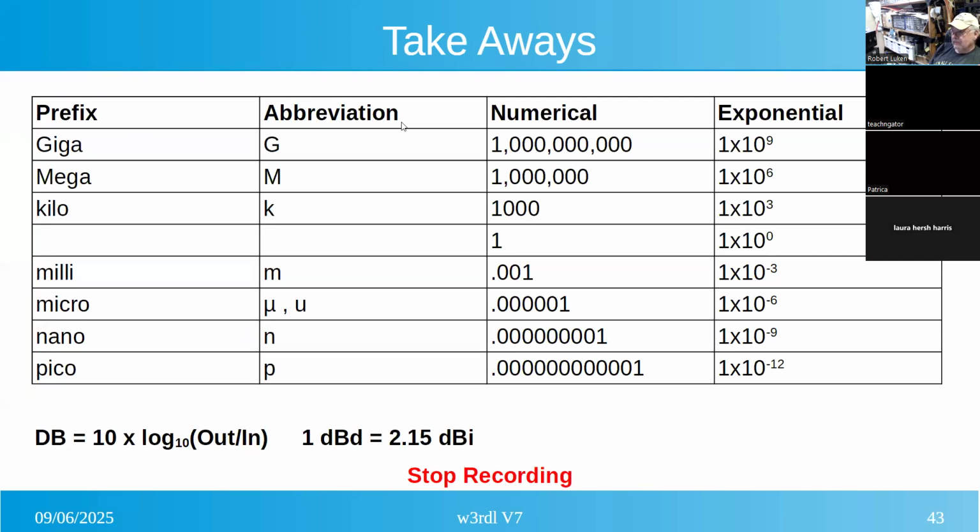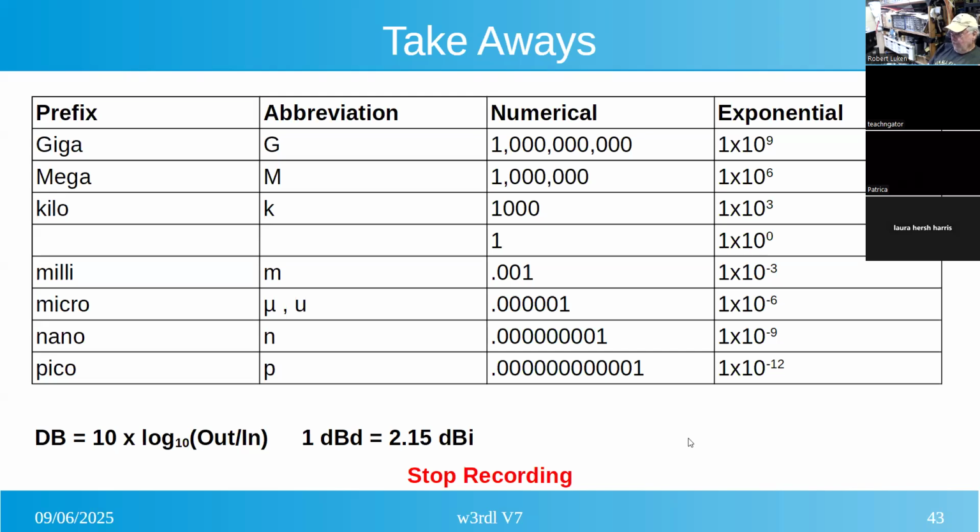There's the chart comparing the prefixes and stuff, and the formula for decibels, and what the conversion is between dBd and dBi, which we'll be using when we talk about antennas.